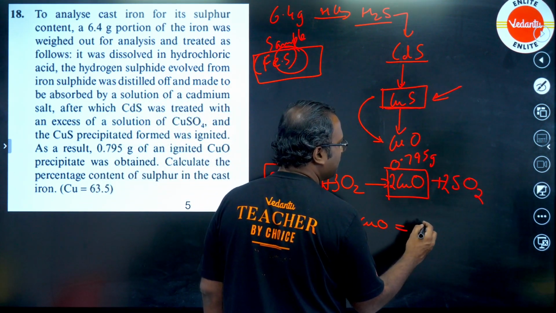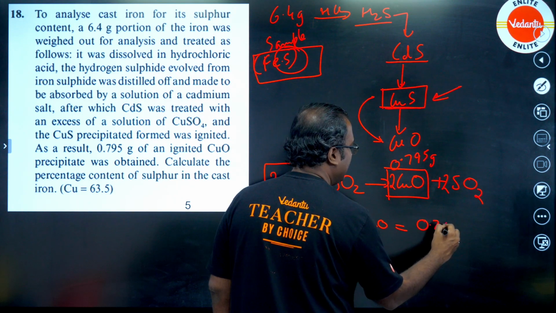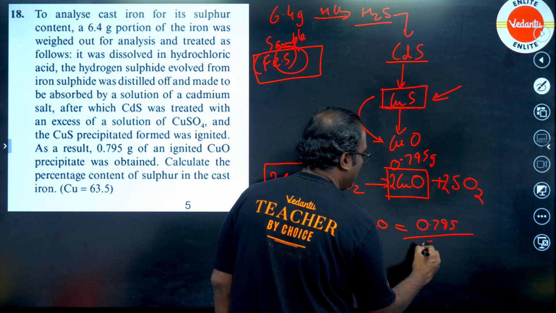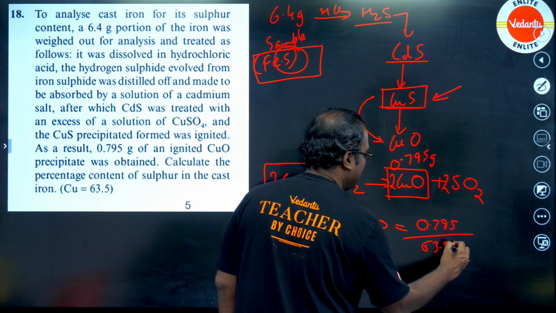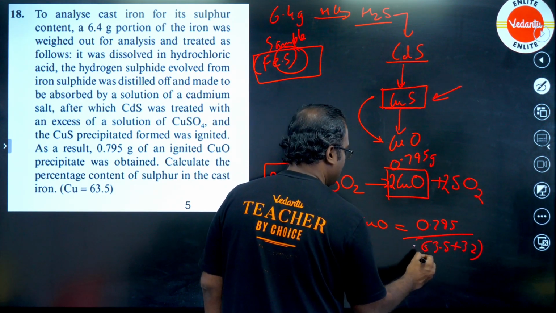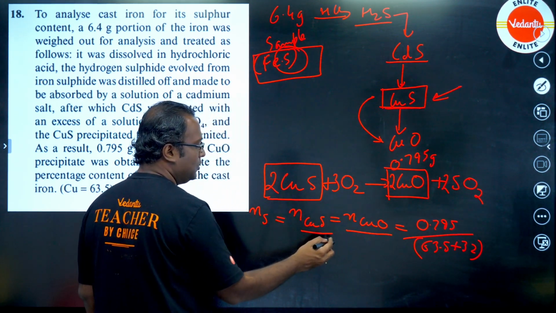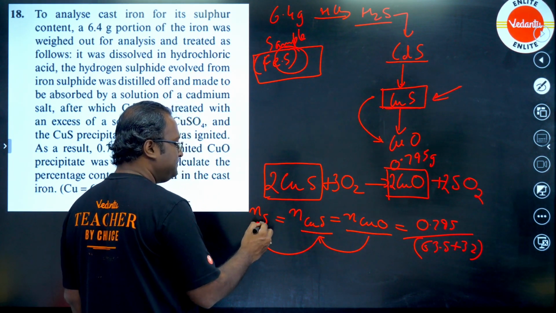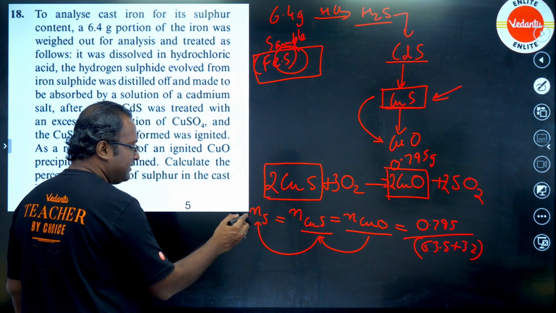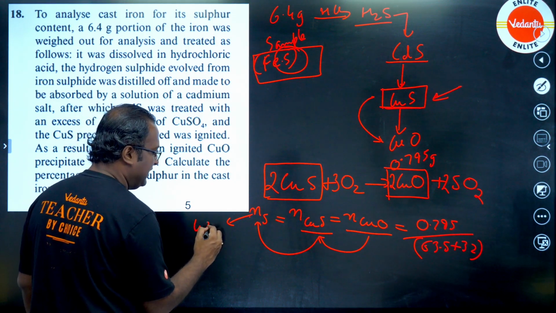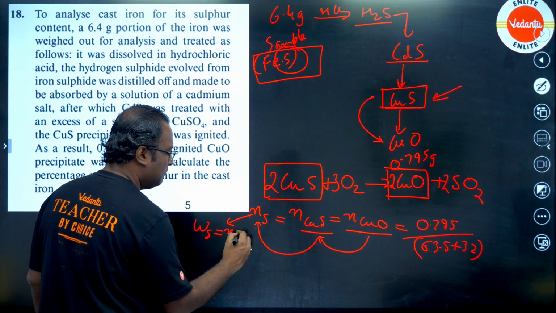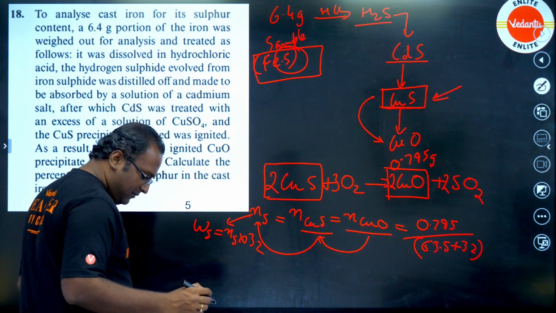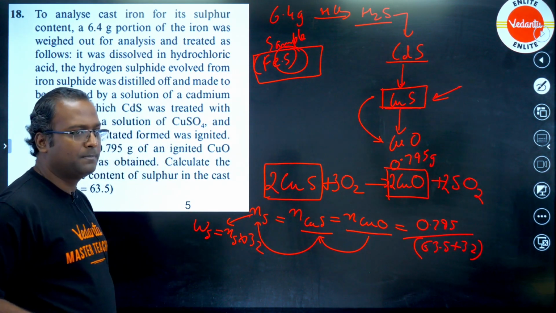How will we find moles of cupric oxide? 0.795 is the weight, upon atomic weight 63.5 plus 32. So from here you know moles of CuO, therefore you know moles of CuS, therefore you know moles of sulfur. Now with this moles of sulfur, we can find the weight of sulfur: number of moles into 32. Where did this sulfur come from?